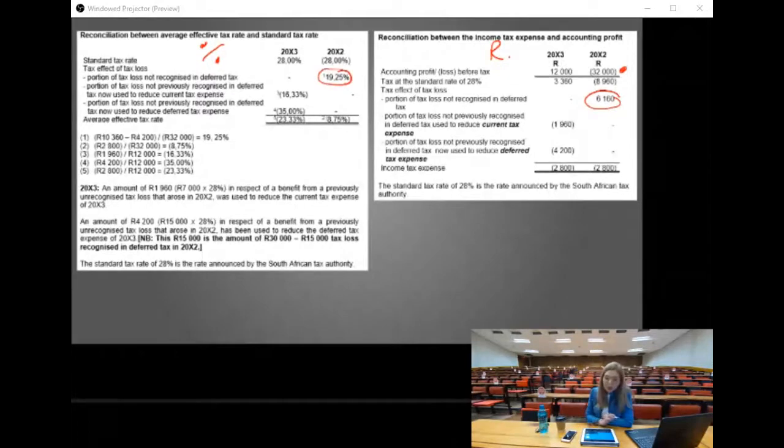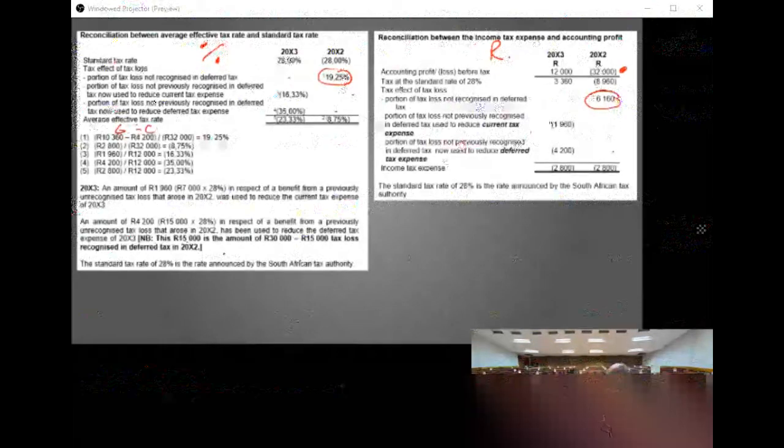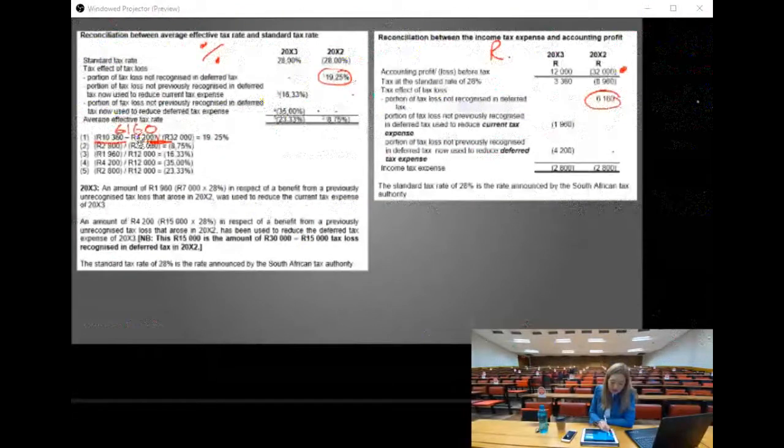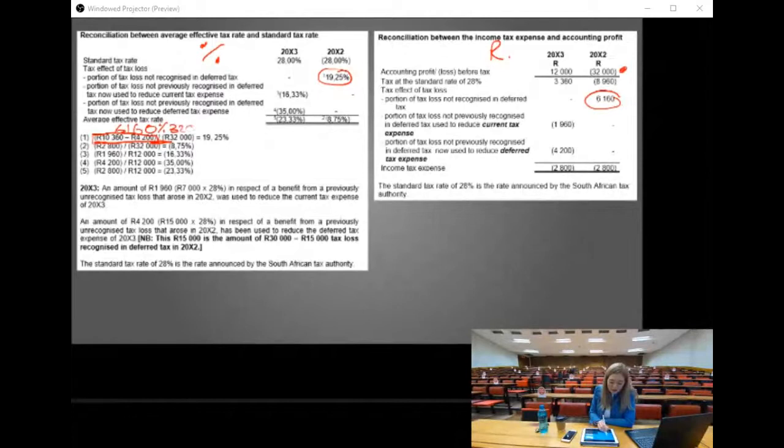So you'll see that the 19.25 actually consists of the 6,160. So this gives us 6,160 divided by 32,000. That gives us 19.25. So every amount over here, you do the same calculation to get to this amount, and then you divide it by 32,000.